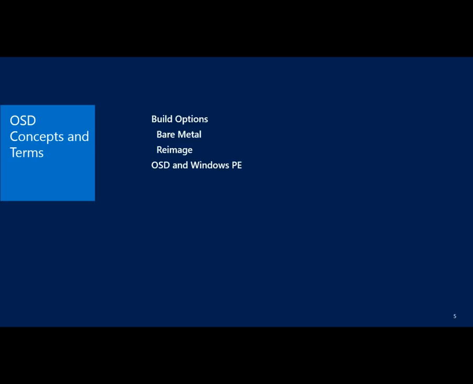So with bare metal, there are really four ways to engage an imaging process. A very popular one is to use the PXE boot option on these systems to boot to a Windows deployment server and start to deploy the image that way. You don't have to use PXE.